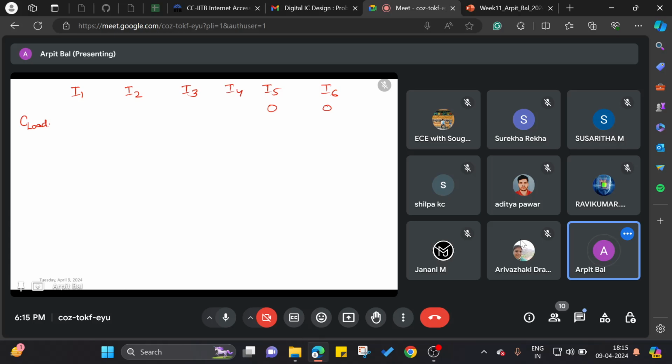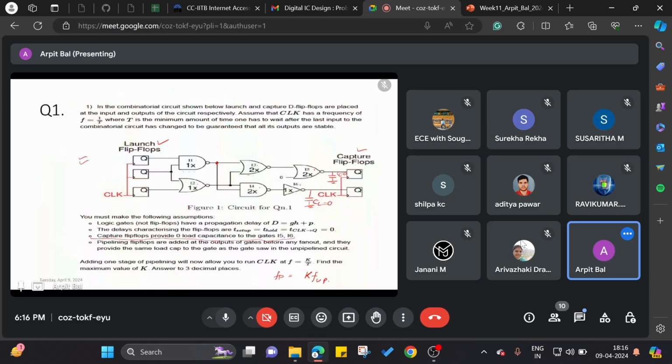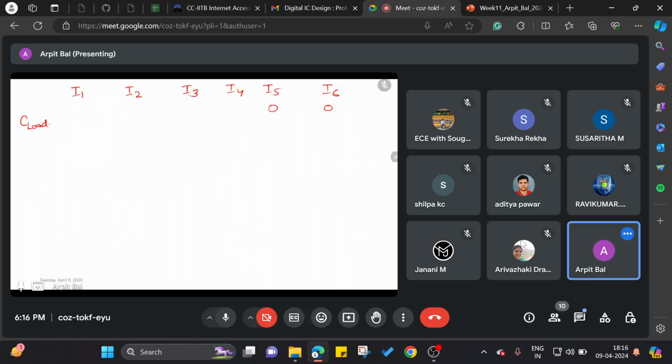Let us refer to this image. I3 and I4 are the gates connected to this node. I3 will offer a C load of 4 plus 1, these are connected together, right? But the drive strength is 2, so it will be 2 times 4 plus 1.